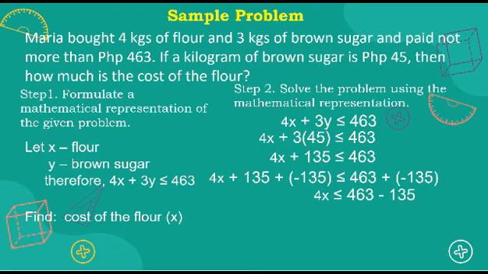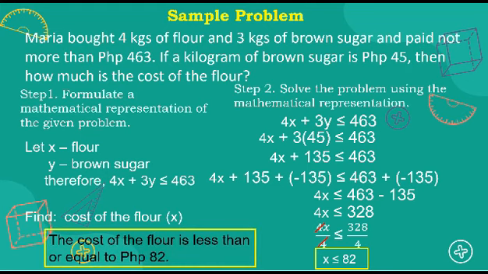So we have 4x ≤ 463 - 135, and we have 4x ≤ 328. Dividing both sides by 4, x ≤ 82. So, the cost of the flour is less than or equal to 82 pesos.